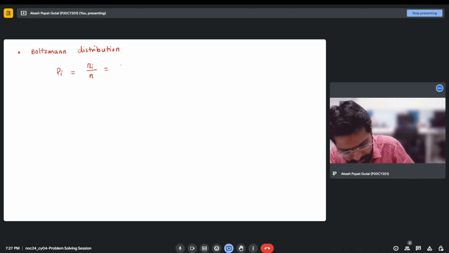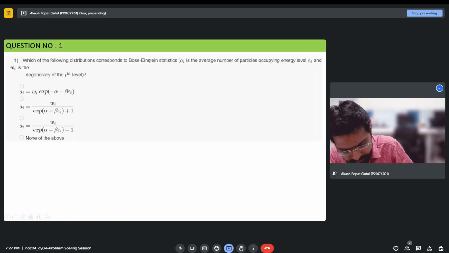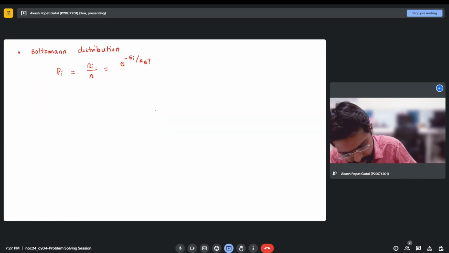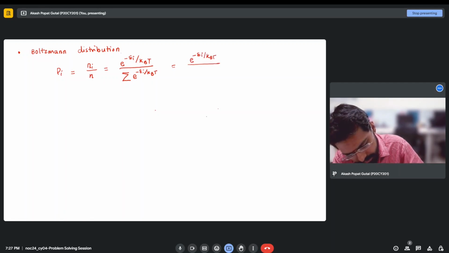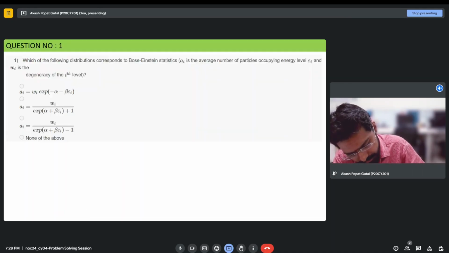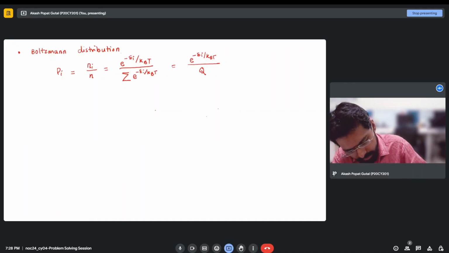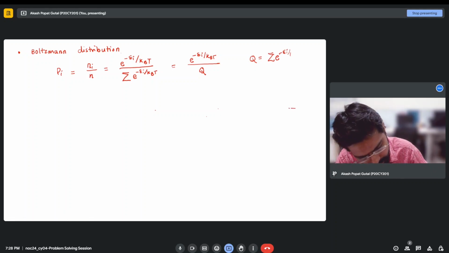This is nothing but e raised to minus epsilon i by kBT divided by the summation of e raised to minus epsilon i by kBT over all levels. The quantity at the denominator we have defined as q, which is the partition function, the summation of e raised to minus epsilon i by kBT.